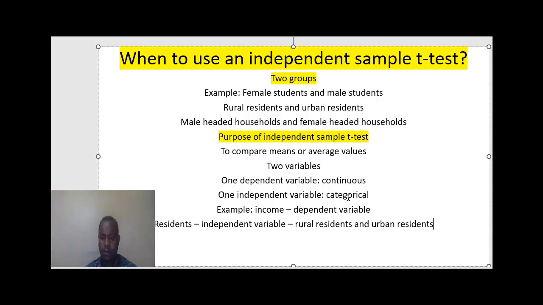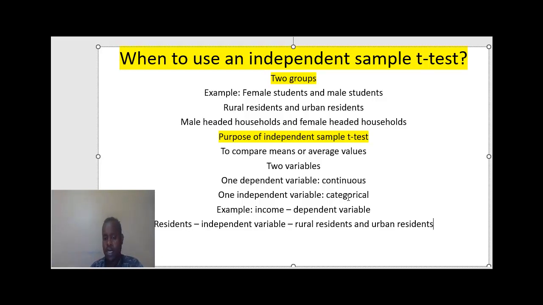Independent variable, when we come to independent variable, it needs to be categorical, and when we say categorical, it should have groups within itself, and the groups need to be just two, must be two groups. In the independent variable, there should be only two groups in the case of independent sample test.